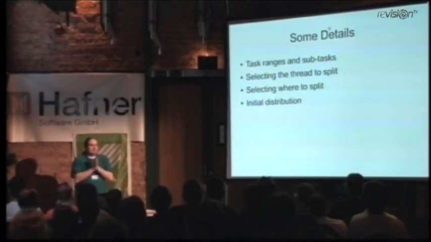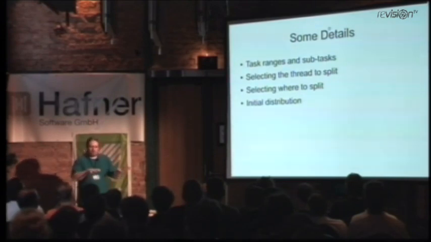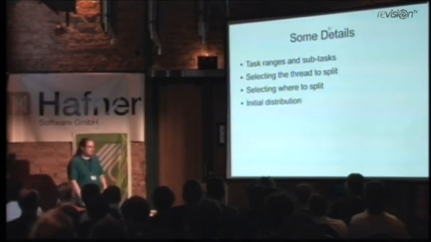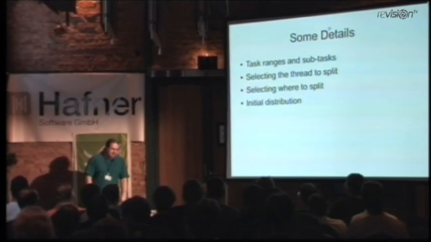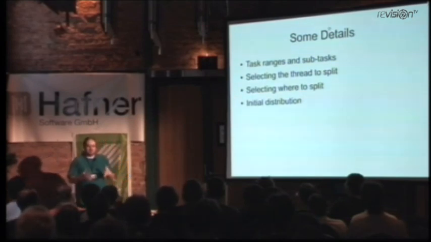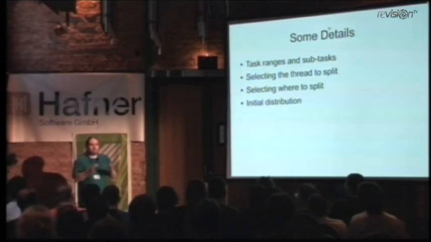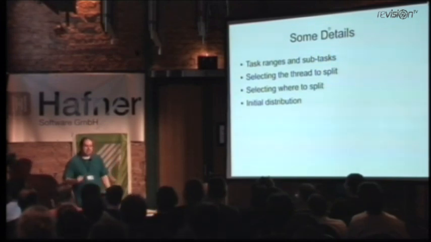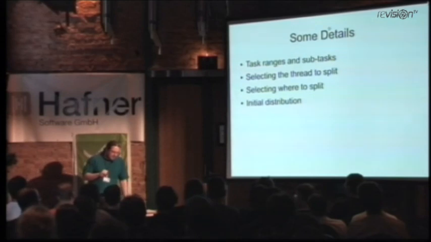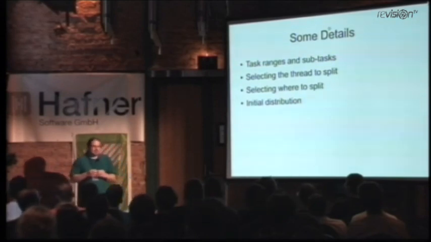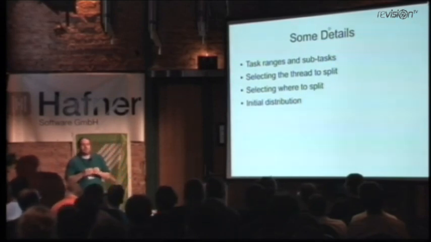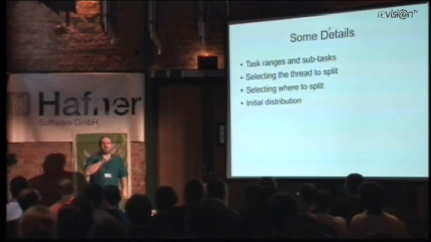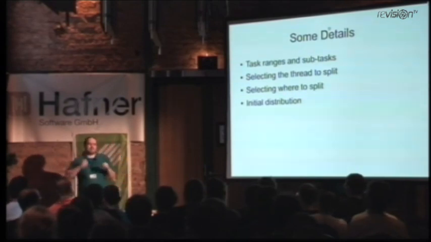So now we have a task stealing engine that distributes our tasks to all those threads, does it in a pretty efficient way, and is utterly useless because we can't model dependencies. We need a way to model dependencies. And the simplest way to do that is to allow a task to spawn other tasks.